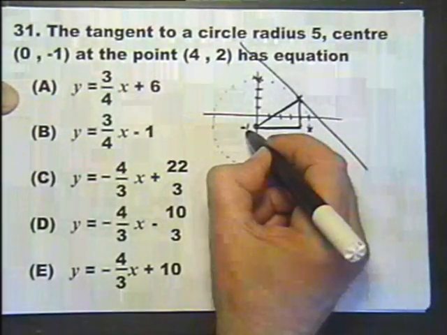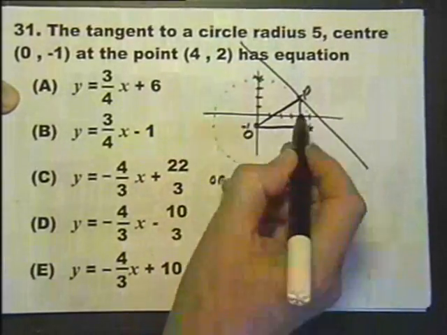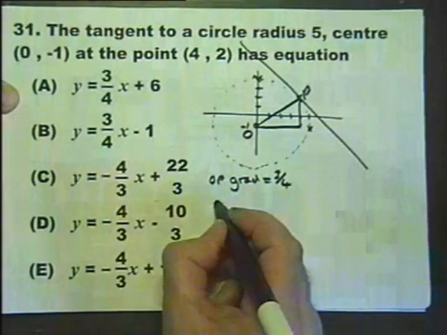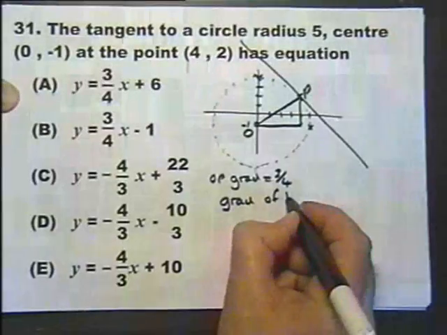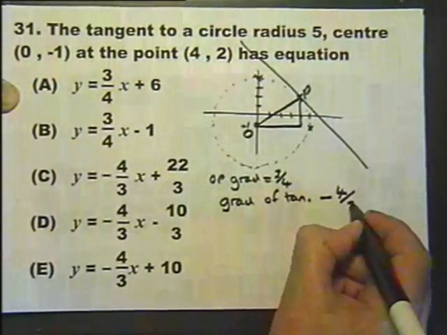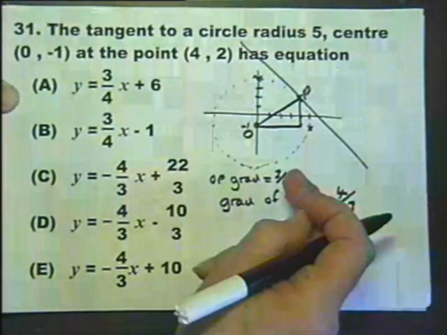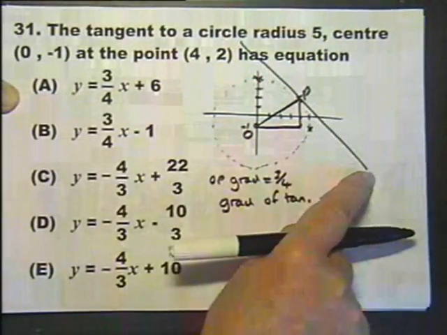Let's call that O and let's call that P. So the gradient of the tangent that I want has got to be minus 4 over 3, because when I multiply the slope of that by the slope of that, it should come to -1. So we now know the gradient of this.